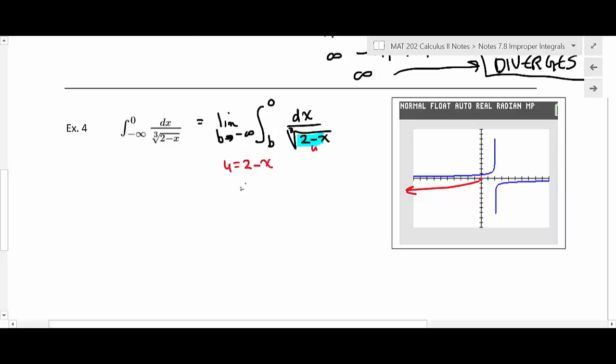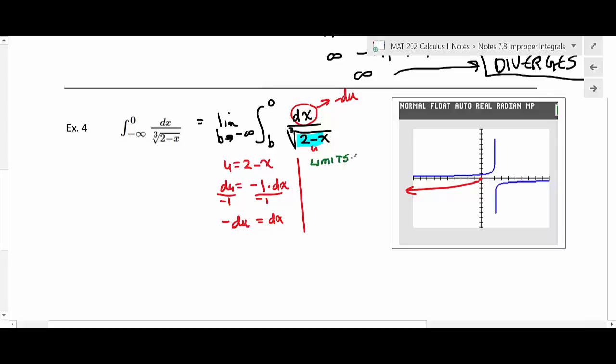That'll be the U part. du is going to be -1 times dx. Let's divide by -1, and you're welcome to do that in your head if you want to. So negative du is equal to dx. That means this piece of the problem is going to become negative du. So we're going to have du over the cube root of u, which is something we can handle just fine.